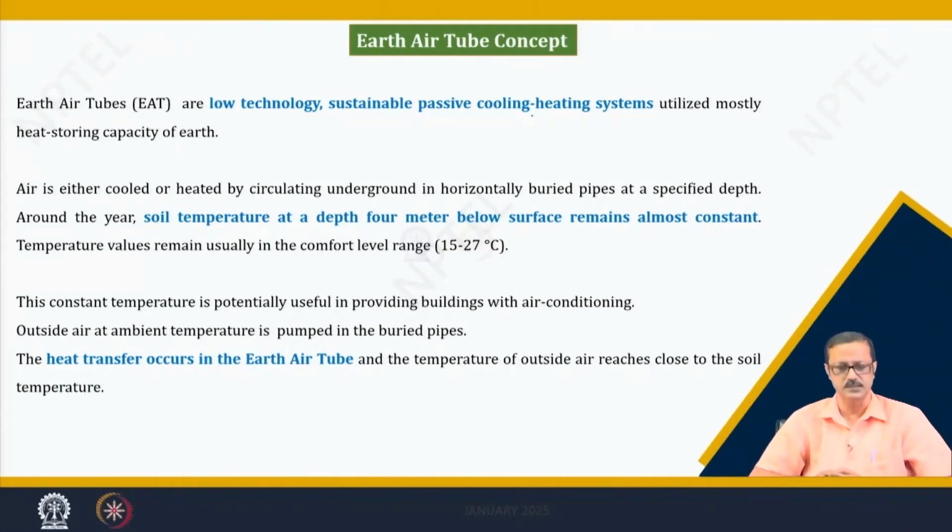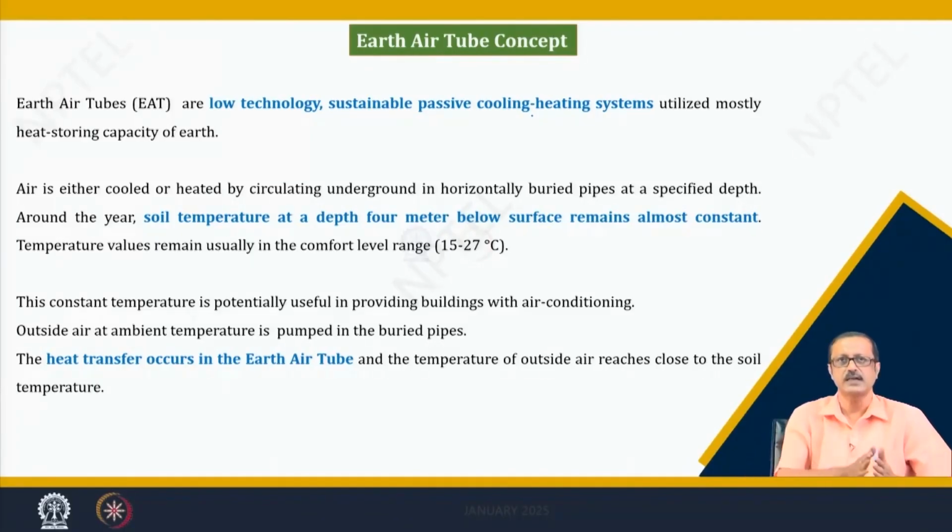So the concept is, if you go a little bit below the surface of the earth, any soil surface, maybe around 6 to 12 to 14 feet below, the temperature at that particular zone will remain constant throughout the year.